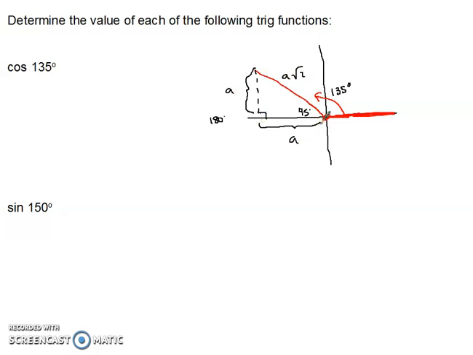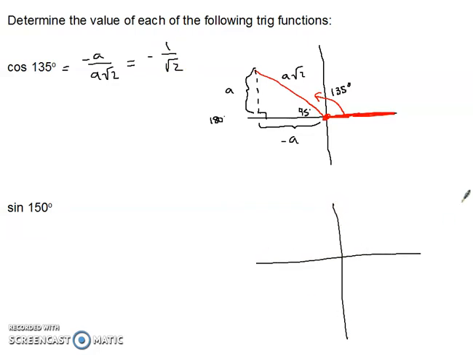But this length, since we are talking about a negative x value, is going to be negative a. So now the cosine that I'm looking at is the adjacent, so negative a over my hypotenuse, which is a times the square root of 2, which will give me a value of negative 1 over the square root of 2.